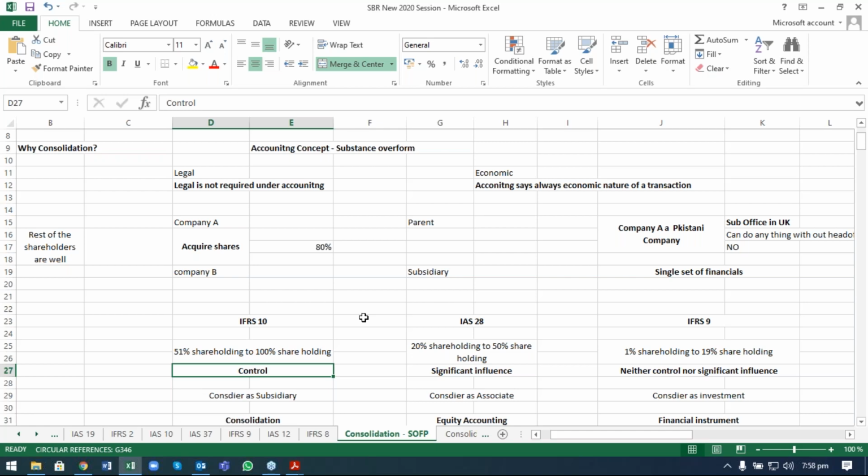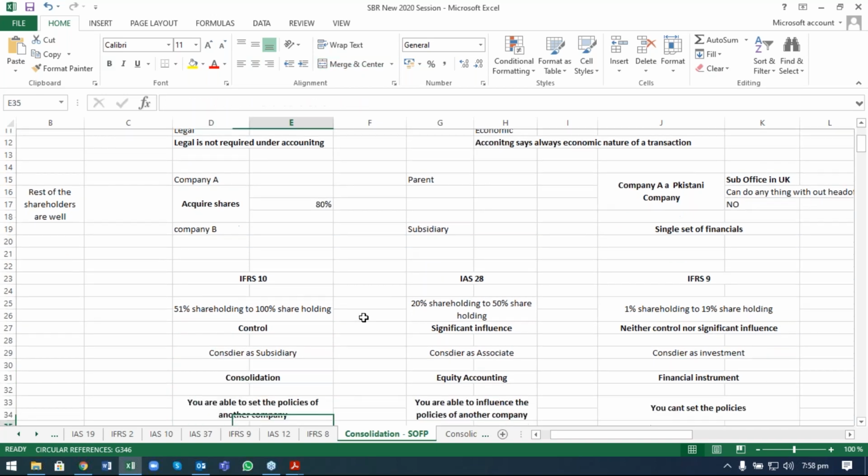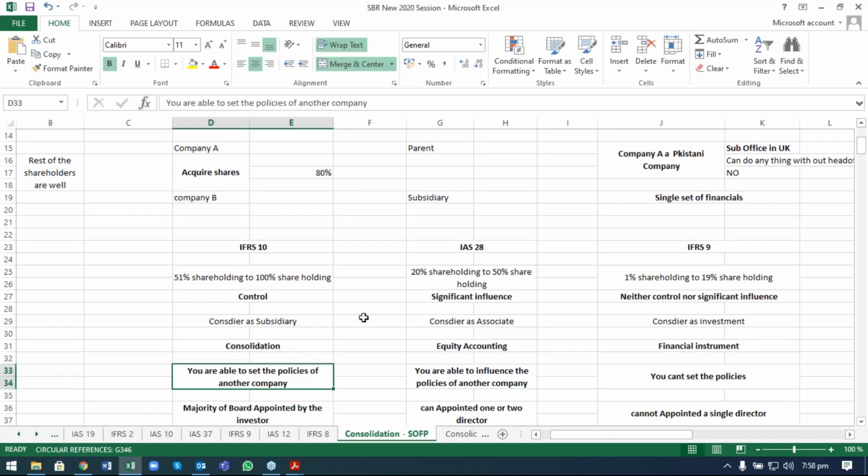It means you have joint control, just like the IFRS 11 requirements, joint arrangements. So that's not control. You don't have significant control. If you have control over a subsidiary, which means you hold the majority of the shareholdings, then you can consider it a subsidiary, and you need to consolidate it. And if you're consolidating it, you need to be able.